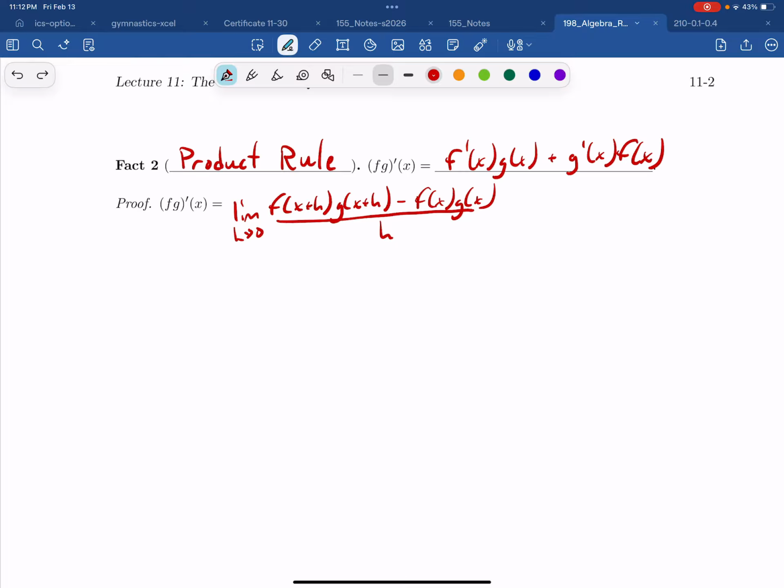So anyway, let's go ahead and add 0. Just a little bit of ingenuity, but I suppose you could say, well, look, we want to split the fraction.